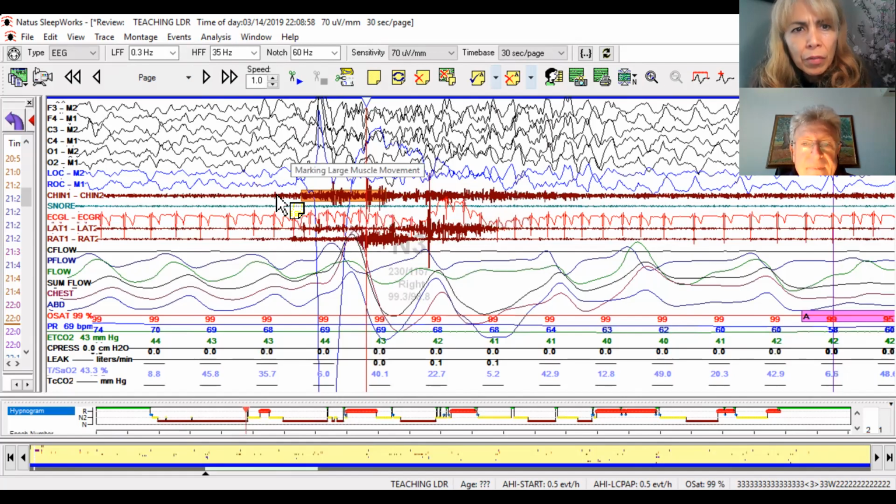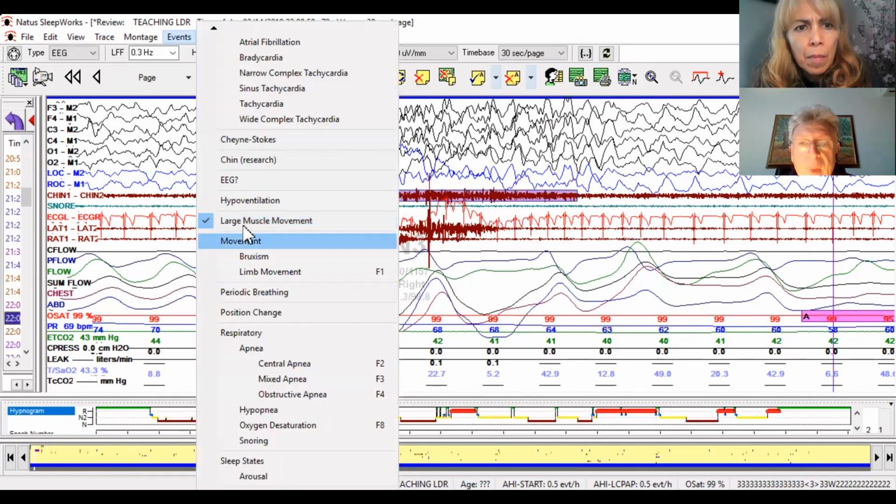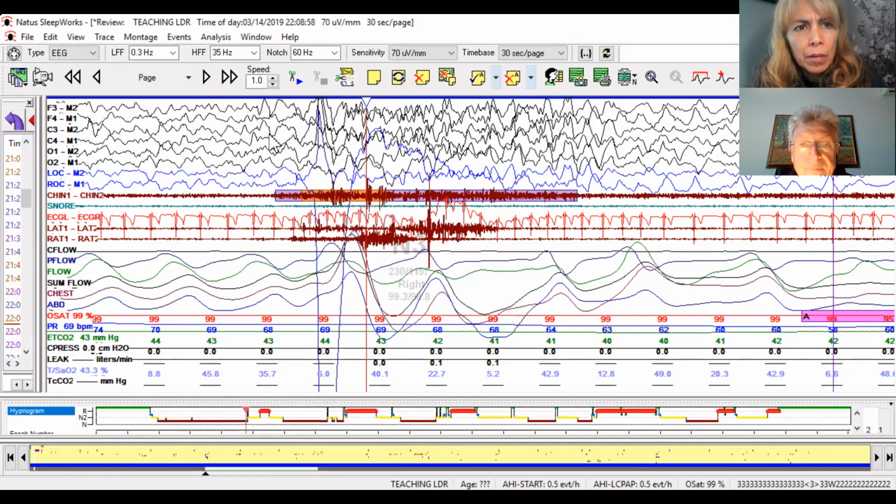So let me score this first, right? Yeah. And then this. Yeah, that's the filter for the EEG. Do you want to see for the EMG? No, it's okay. It's not bad. For the EMG, 10 and 70.